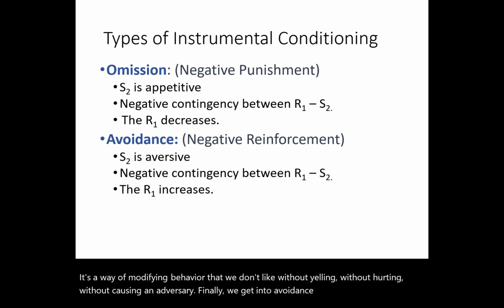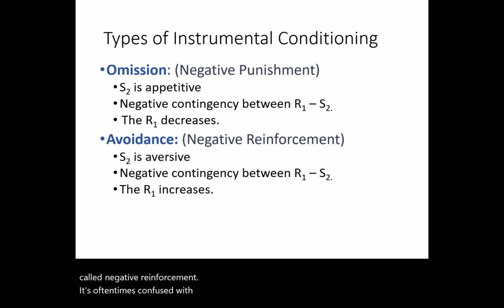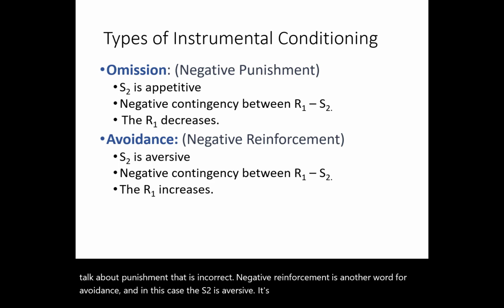Finally, we get into avoidance. Avoidance is sometimes called negative reinforcement. It's oftentimes confused with punishment. Negative reinforcement is oftentimes used to talk about punishment. That is incorrect. Negative reinforcement is another word for avoidance. And in this case, the S2 is aversive. It's something bad.